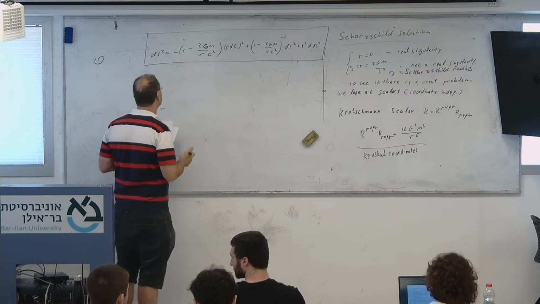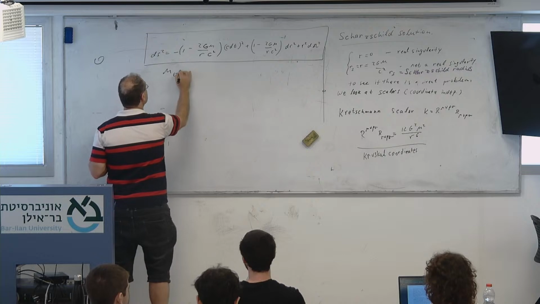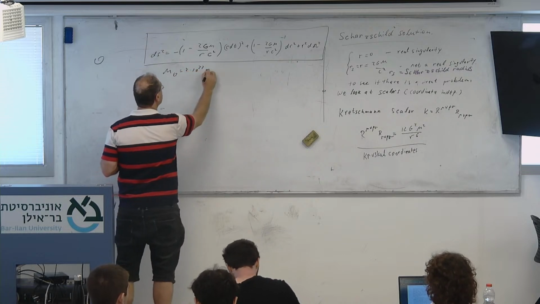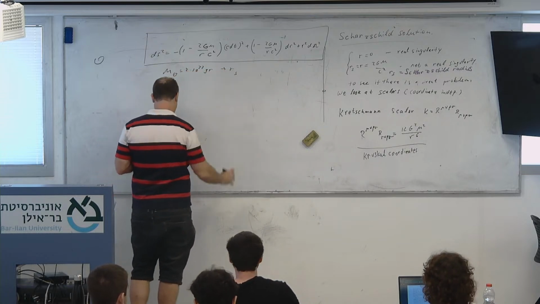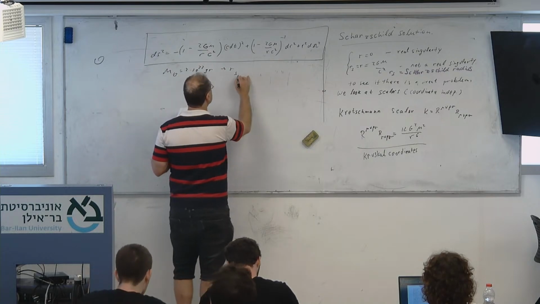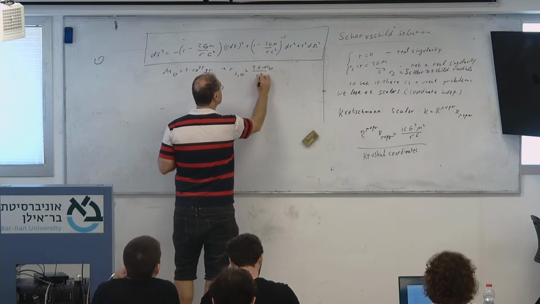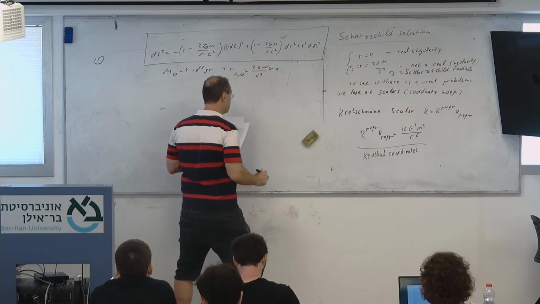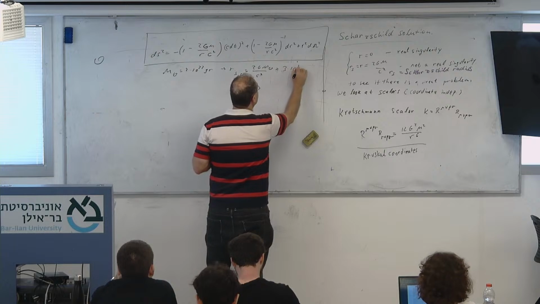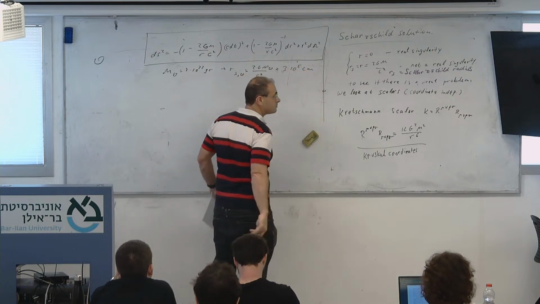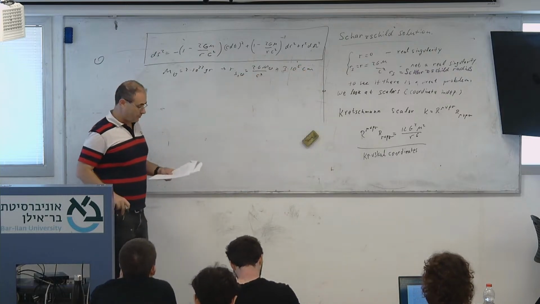For the sun, M sun is 2 times 10 to the 33 grams, and therefore R_S of the sun, which is 2 G M sun over c squared, is 3 times 10 to the 5 centimeters. We always work in centimeters, CGS.